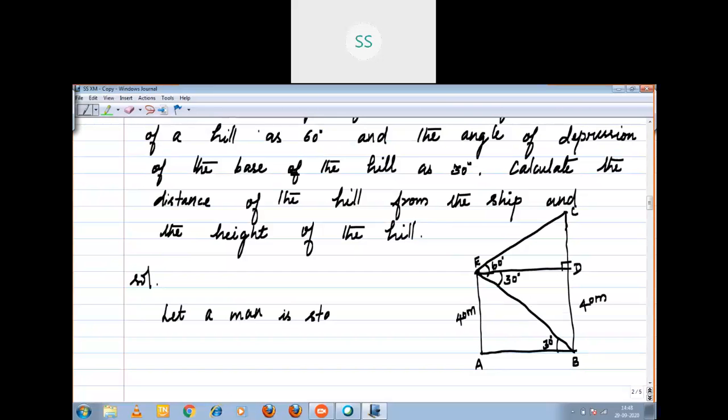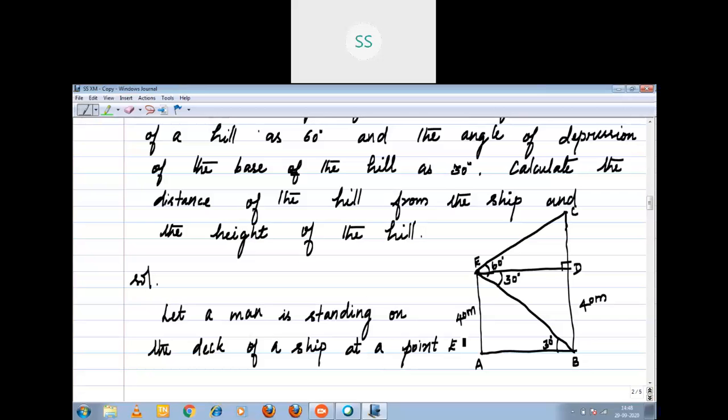Solution. Let a man be standing on the deck of a ship at a point E. Right? 40 meter. It is a rough diagram only.